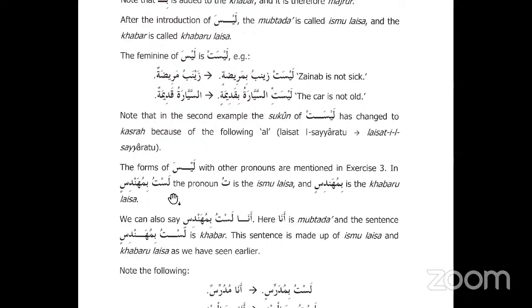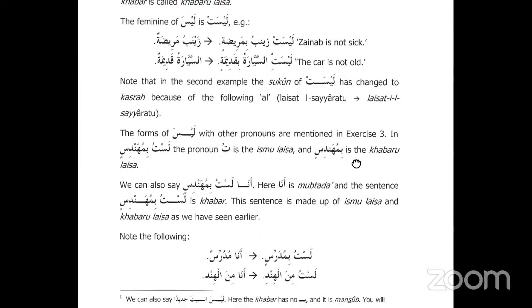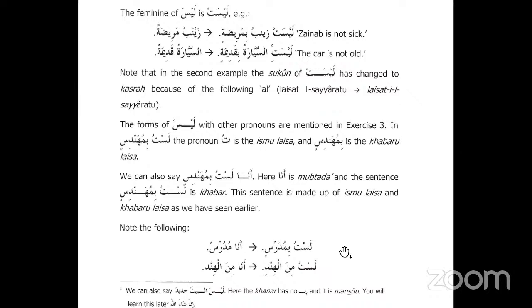In laysa, lastu bimuhandisin, the pronoun tu is the ismu laysa, and bimuhandisin is the khabaru laysa. We can also say ana lastu bimuhandisin. Here ana is mubtada, and the sentence lastu bimuhandisin is khabar.